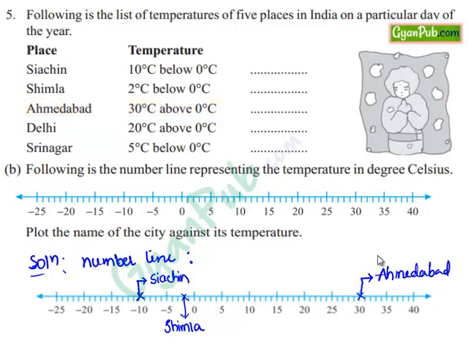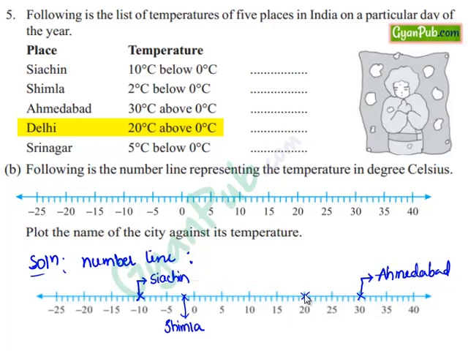Then coming to Delhi, Delhi has 20 degrees centigrade above 0 degrees centigrade temperature. It is nothing but plus 20. We can find plus 20 on this number line at the right side of 0, plus 5, plus 10, plus 15 and plus 20.